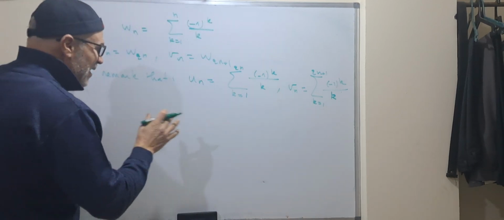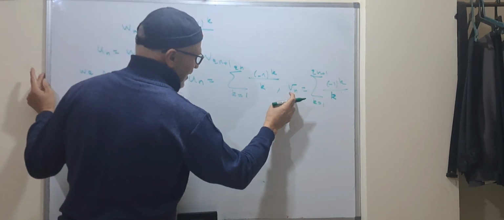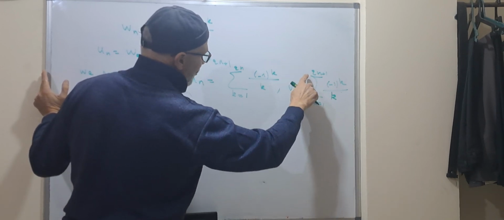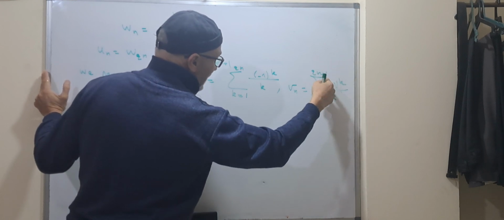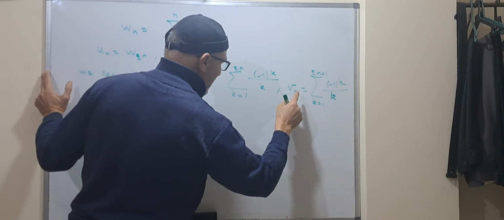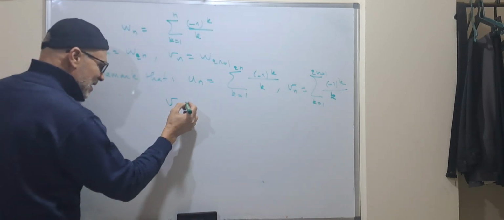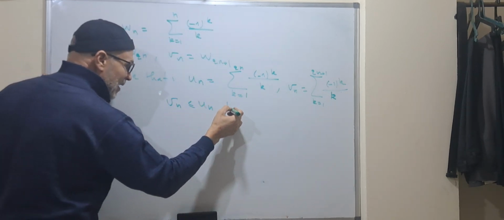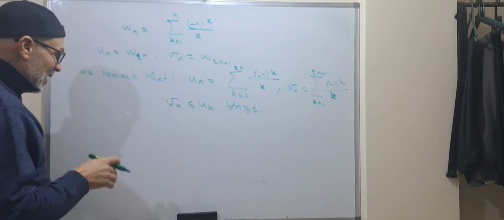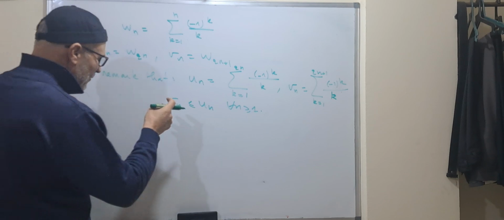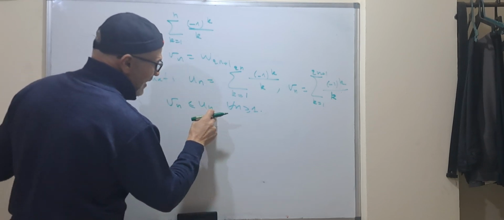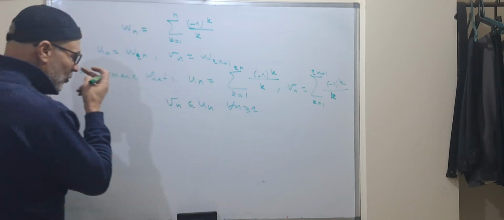We remark easily from this form that vn has one supplementary element, which is the term at 2n plus 1, but at the level 2n plus 1 it will be negative, so vn is less than or equal to un for all n greater than or equal to 1. This is very easy. Then we should verify that vn is decreasing and un is increasing.